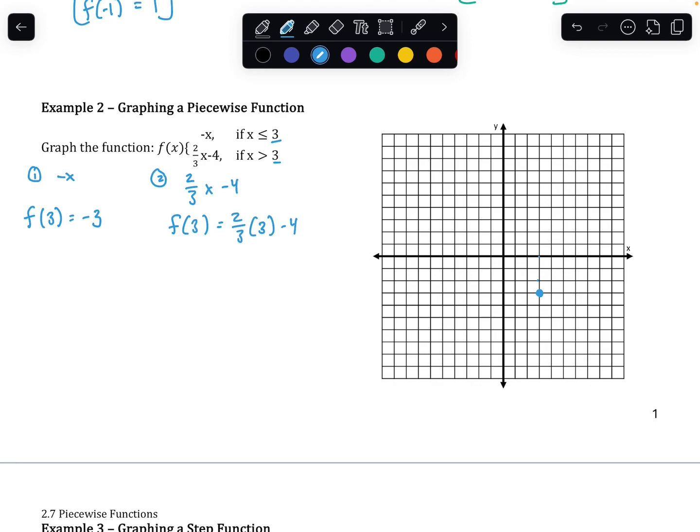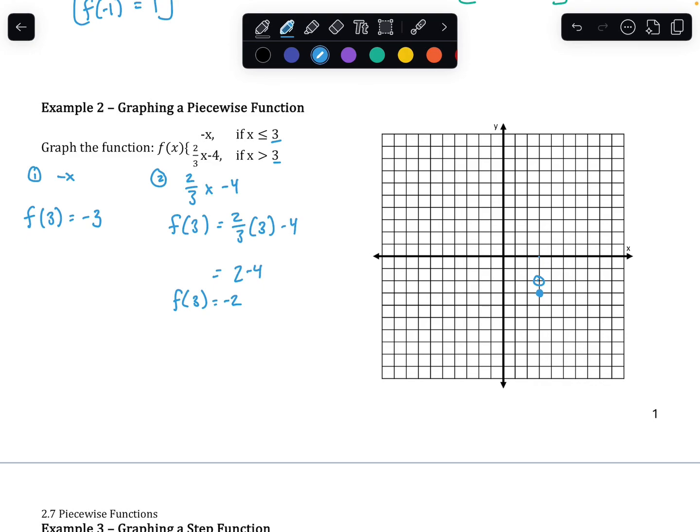Now our other function, 2/3 times 3, is going to get you 2 minus 4 equals -2. So 3, -2. Now this has no equal sign, so it is open.